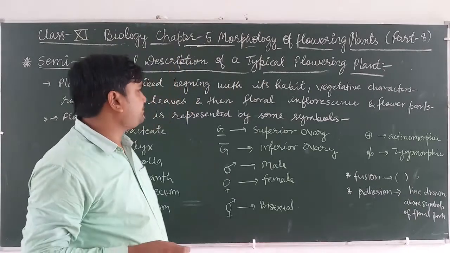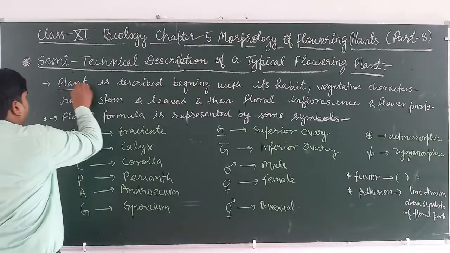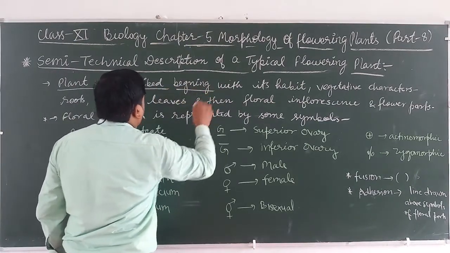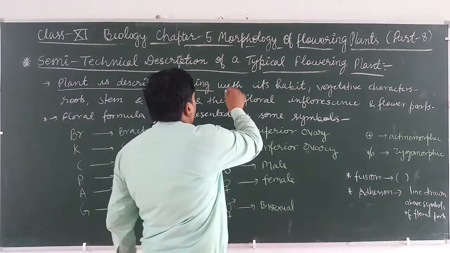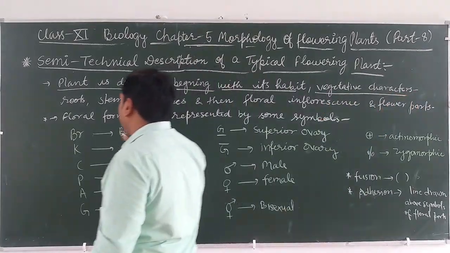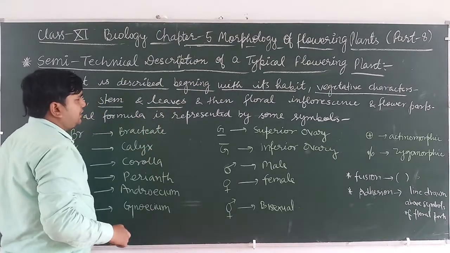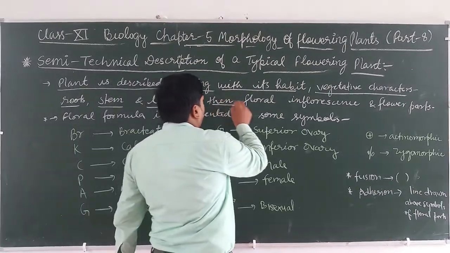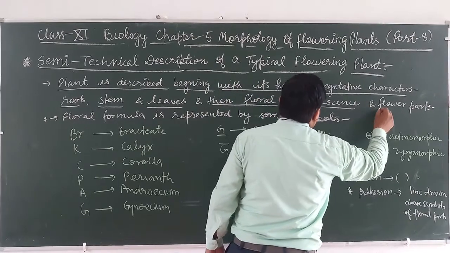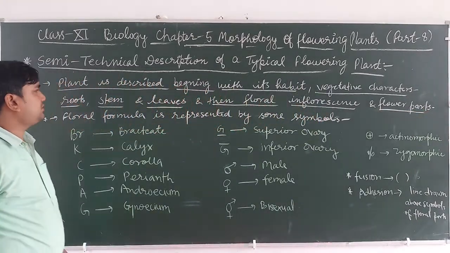First, a plant is described beginning with its habit, vegetative characters (roots, stem and leaves), then the inflorescence, and last with its flower parts.